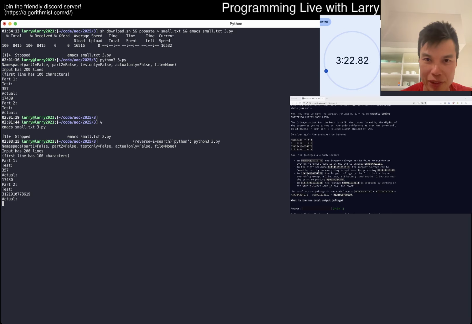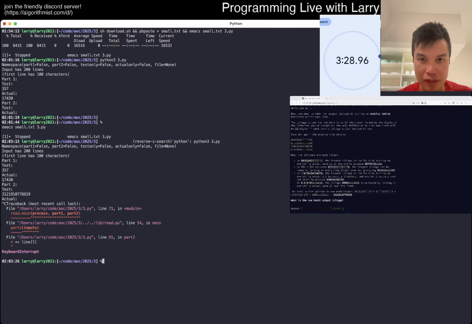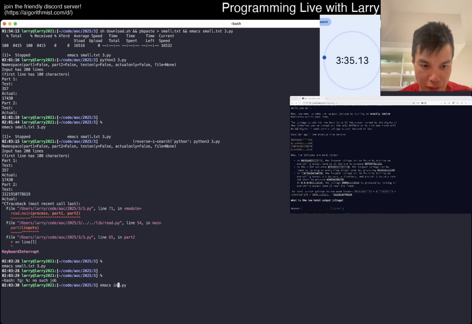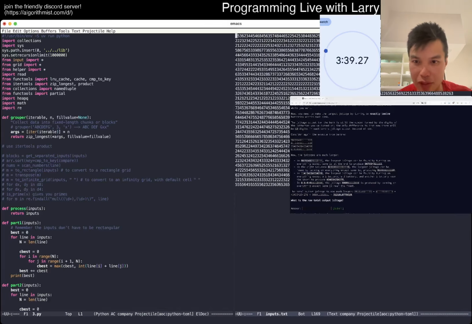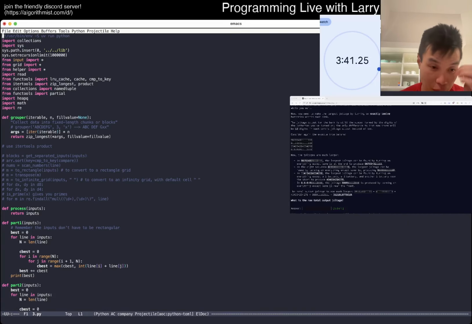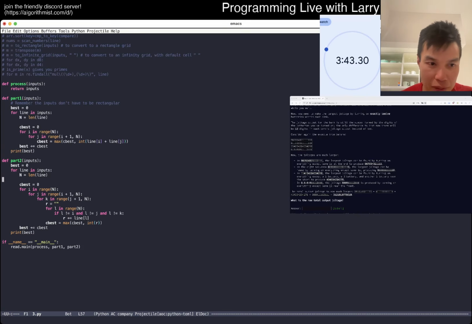Are the inputs actually big? Why does it take so long? Oh, huh. For some reason, I misunderstood the problem. Okay, then I have to do it a little bit differently. I should have looked at the input first.